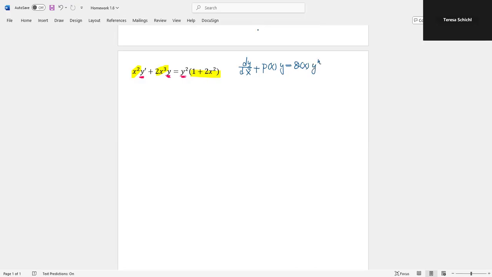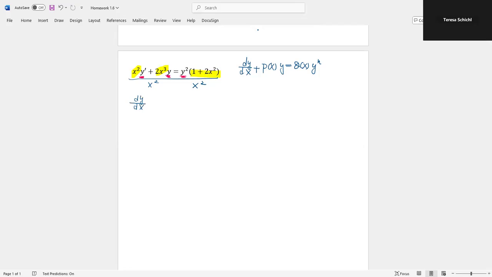The first thing is we have this x squared in front of my dy/dx, so let's divide both sides by x squared. For the first term, x squared y prime divided by x squared becomes dy/dx. I like to write y prime as dy/dx.